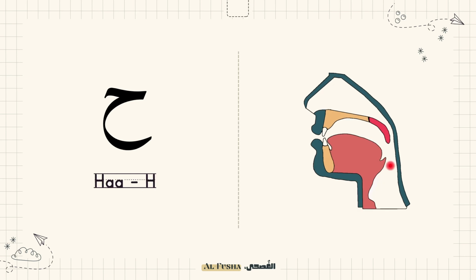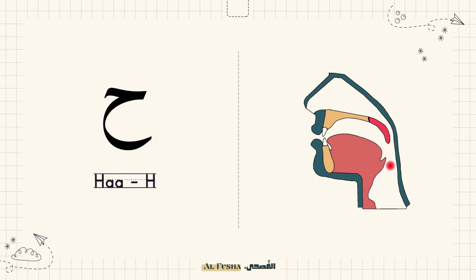Ha, ha. Now this one is a bit difficult for most of the people who don't speak Arabic because it is a new letter. It doesn't come in many languages. But what makes this letter difficult is you pronounce it in a way that you have to move some muscles in your throat. You have to force these muscles in your throat a bit backward, okay?